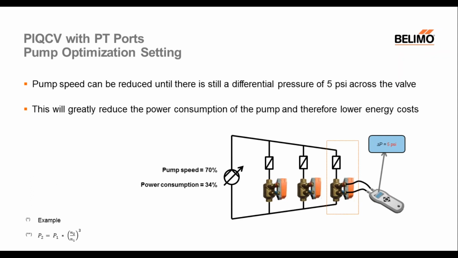So therefore, we would lower your energy cost. Again, you see that the pump speed has been reduced to 70%, and your power consumption has gone down to 34%, because the power formula is a cube, so your ratio of change is that much greater.